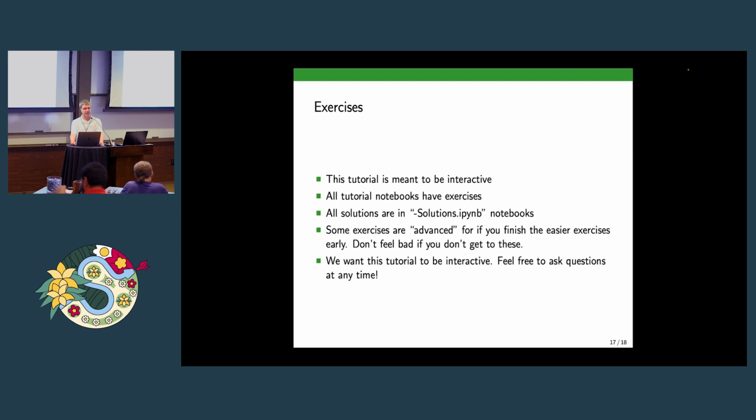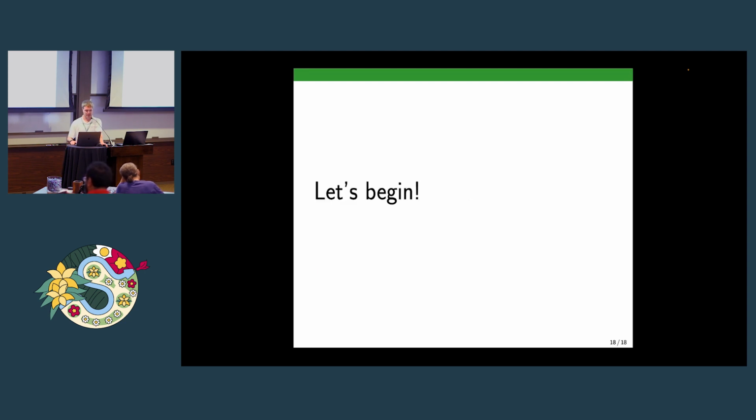Some of the exercises are advanced exercises. Those are mostly just for those of you who finish early and want to try your hand at something a little more difficult, but don't feel bad if you aren't able to get to those. But yeah, please raise your hand anytime you have a question. Feel free to interrupt us and ask. We want this to be interactive.